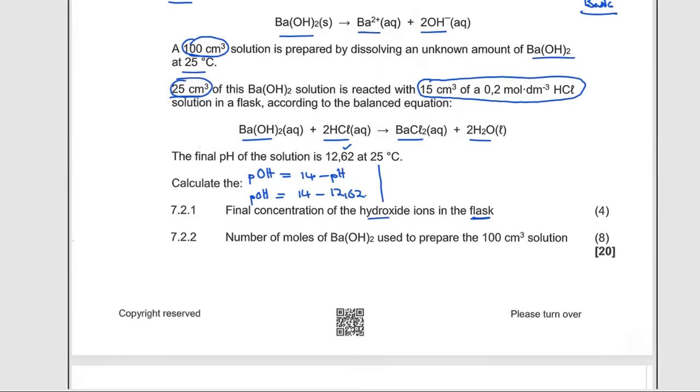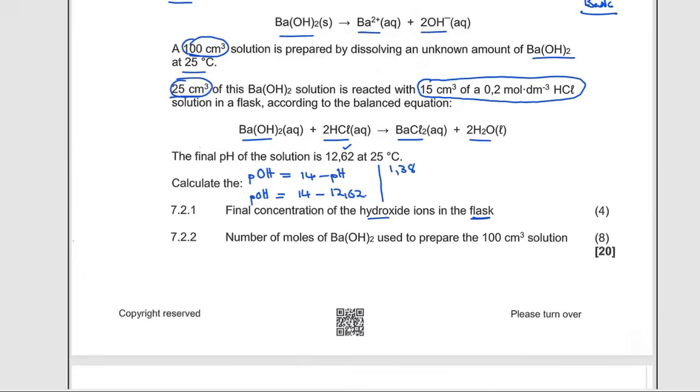Put a demarcation line there. So I'm going to get 14 minus 12.62, which is 1.38. My answer is 1.38.